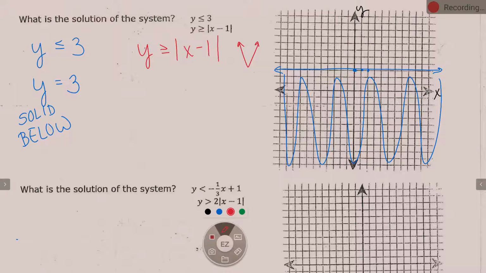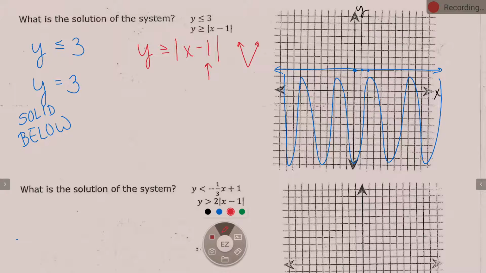So when you see absolute value in homework, you're graphing a V. Now, what do we know about this absolute value? The minus 1 inside the absolute value tells us we're moving where? Minus 1 inside the parentheses tells us we're going to move right 1.